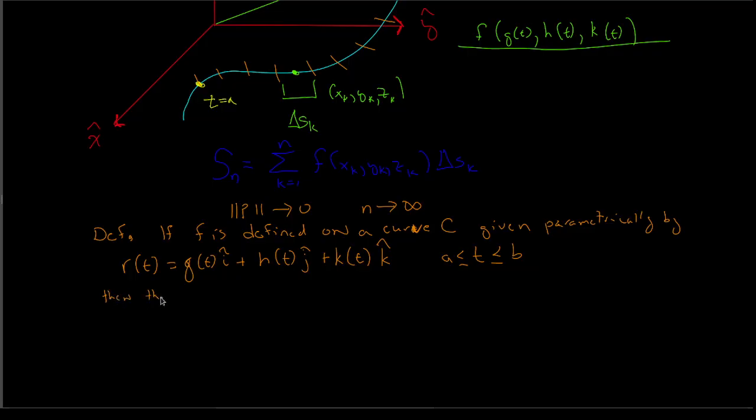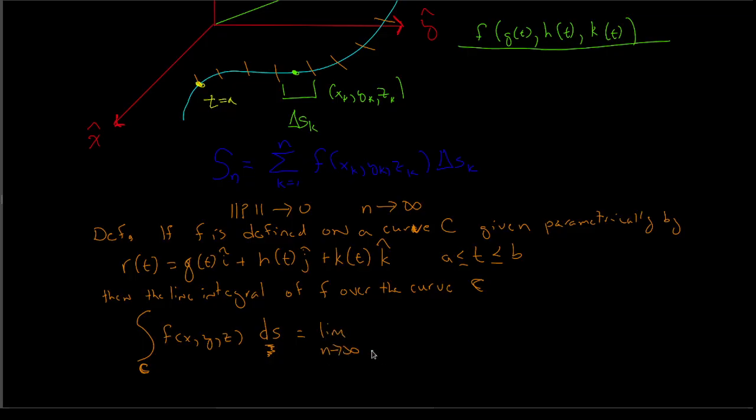then the line integral of f over the curve C, the integral over the curve of f of x, y, and z ds for our change in arc length, is the limit as n goes to infinity of the sum from k equals 1 to n of this function evaluated at the little points on my r times my delta s k, the change in arc length.